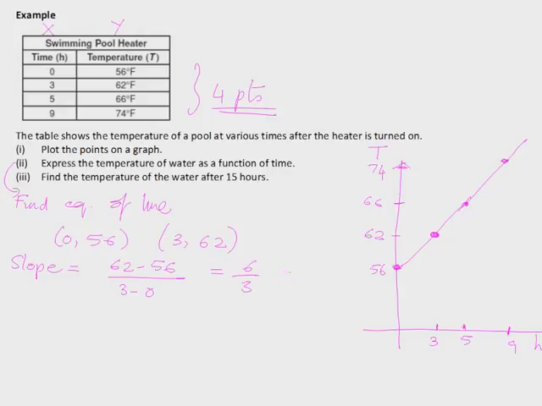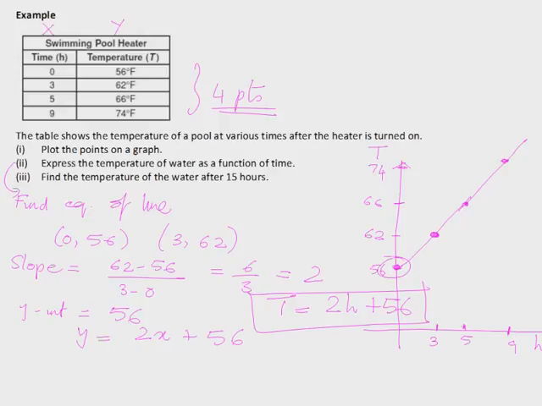That's 6 over 3, that's 2. So the slope is 2. What's the y-intercept? Well, that's 56. This is where it hits the y-axis. So the equation is y equal to 2x plus 56. Or, in terms of time and temperature, T is equal to 2h plus 56.